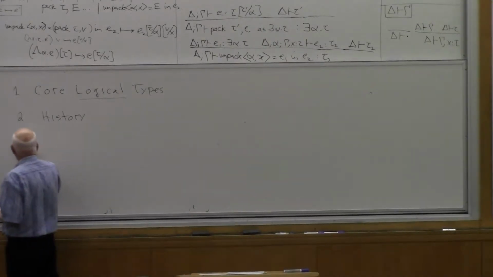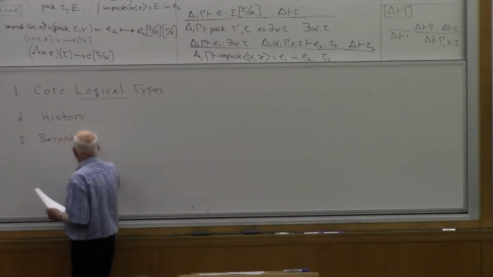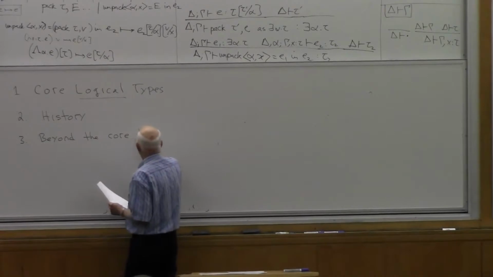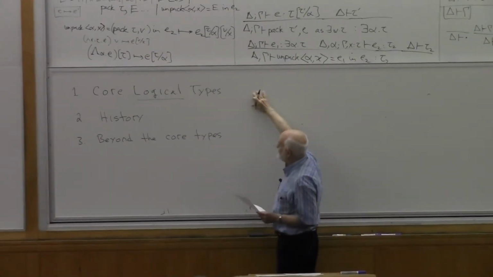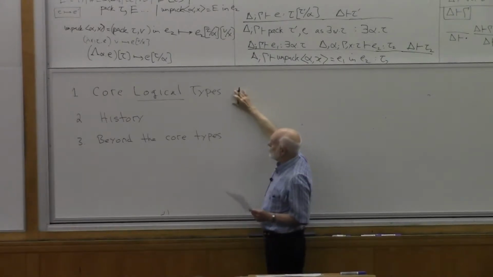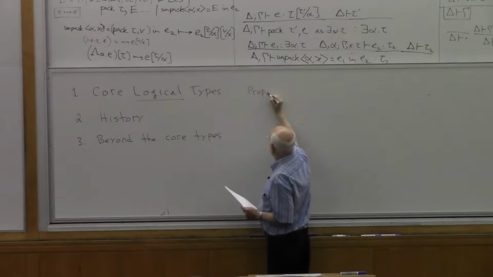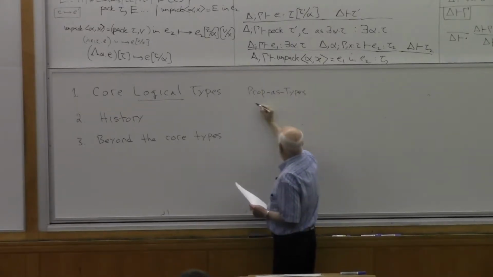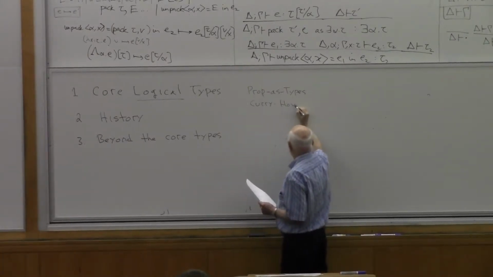And then I want to go beyond the core types. So you've got these core logical types, and the core ones are the center of this idea of propositions as types, right? It goes by many names, Curry-Howard isomorphism.